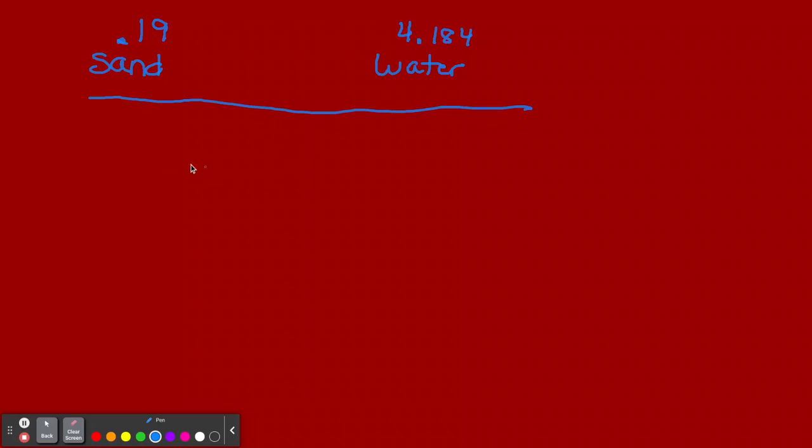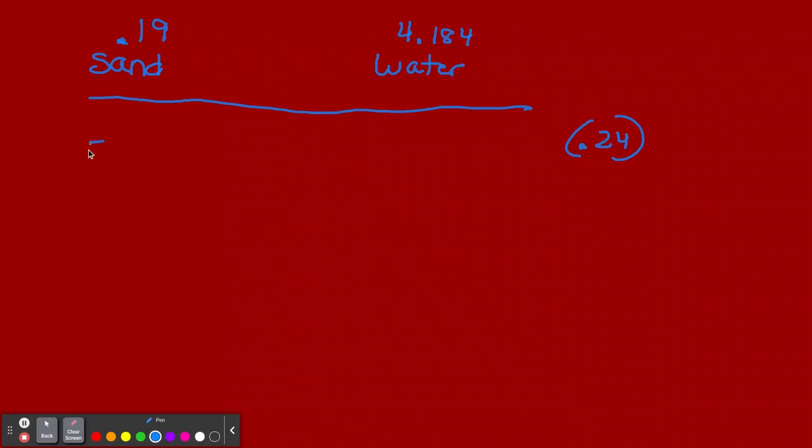Let's say you have the heat energy already. Let's go back to the question we had just to make sure we understand how to do it. Remember, we found that silver had a 0.24 specific heat, but let's say we didn't know that and we wanted to get that.